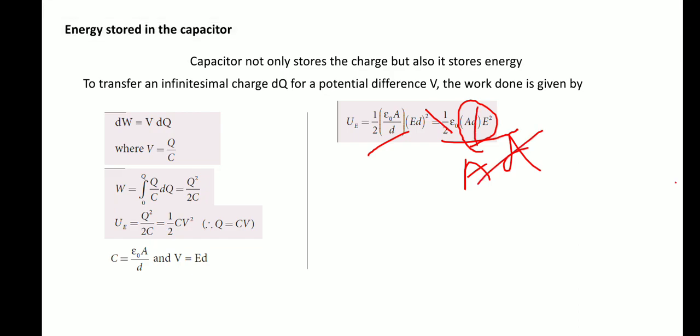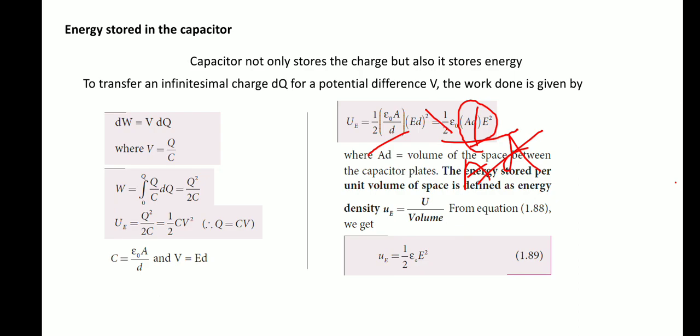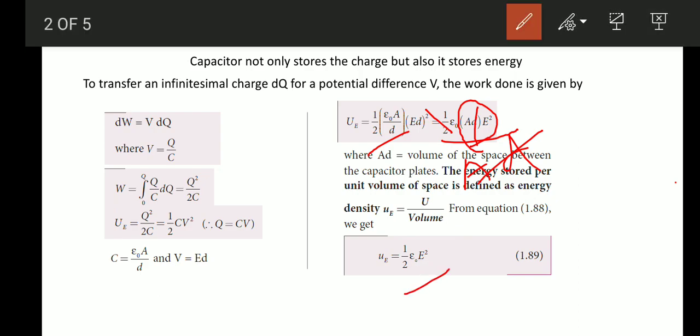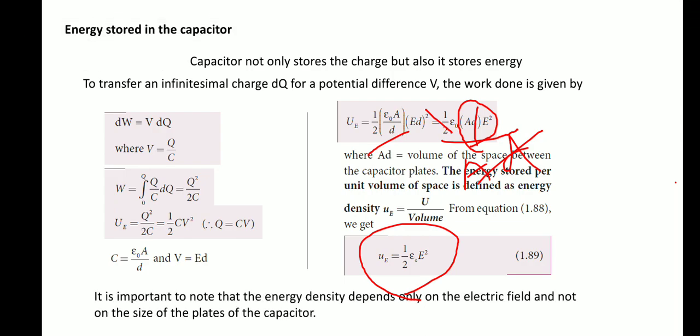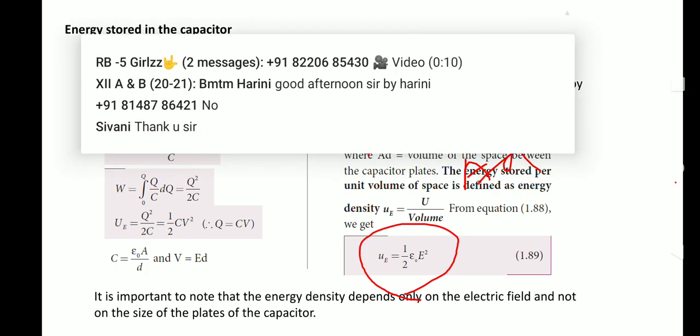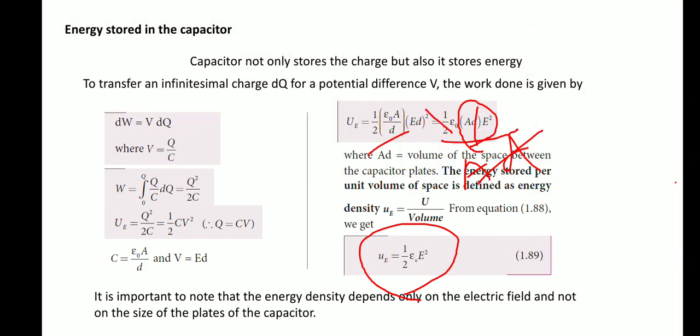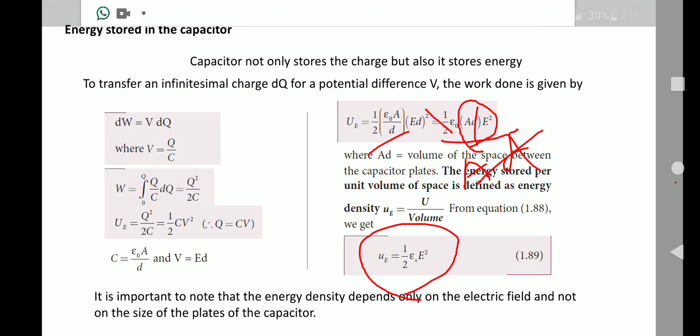Then finally you will get energy density equal to half epsilon naught E square. From this we found that the energy density depends on the electric field only, not on the size of the plate. So if you increase the electric field, it means that it stores more energy density.